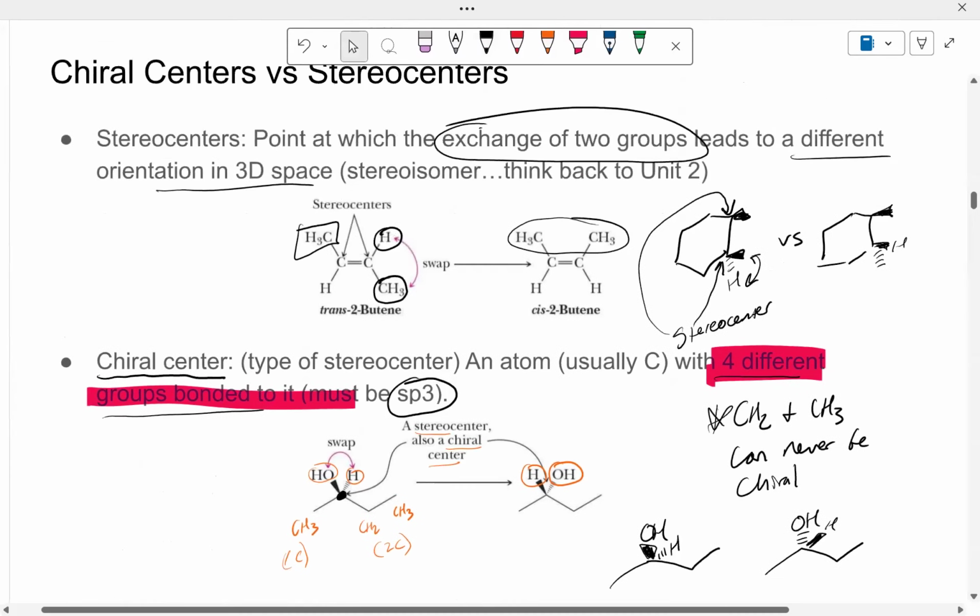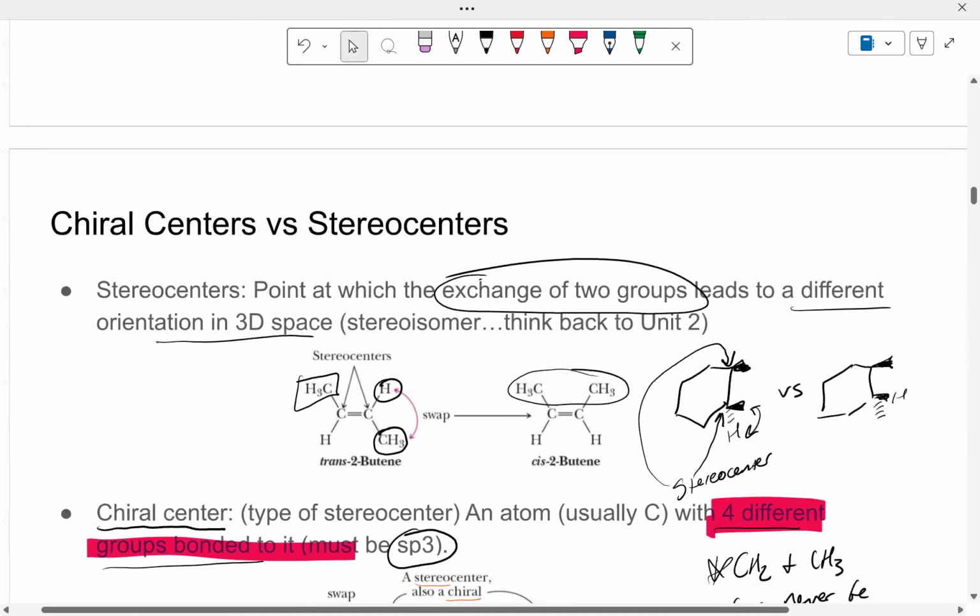Look back at this example of the alkene up here. This carbon right here, actually both of these, they're both stereocenters, but since they don't have four different groups around them, we cannot call them chiral centers. Chiral centers, the definition is it's an sp3 hybridized carbon with four different groups around it.